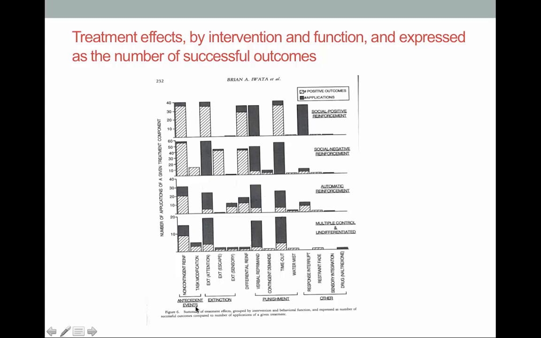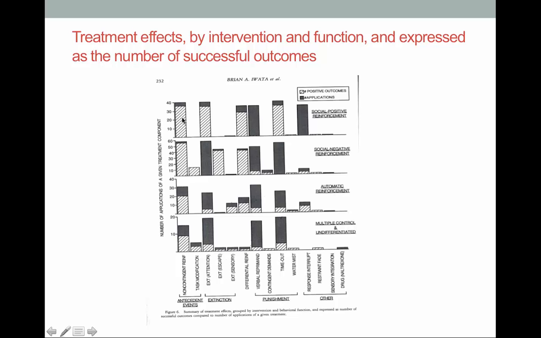There are antecedent events that you could use, such as non-contingent reinforcement. Well, great. Non-contingent reinforcement for a person whose target behavior is maintained by attention would be non-contingently attending to the person. Under those conditions, that's wildly successful.